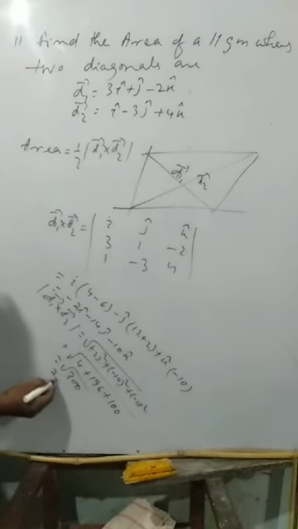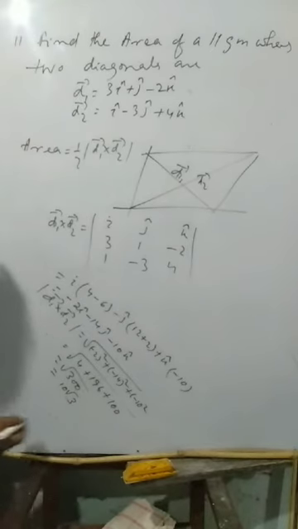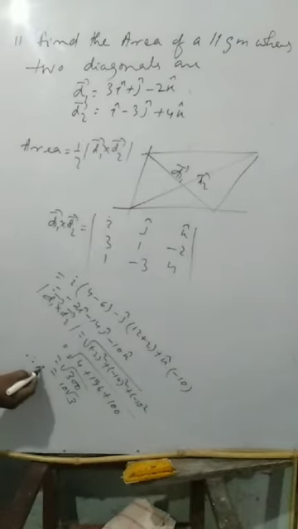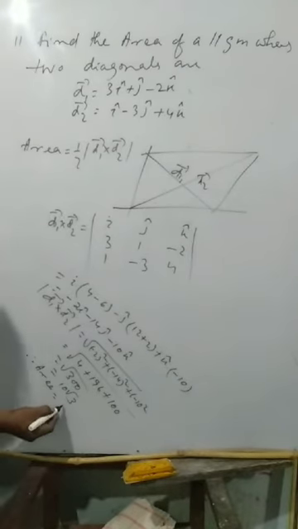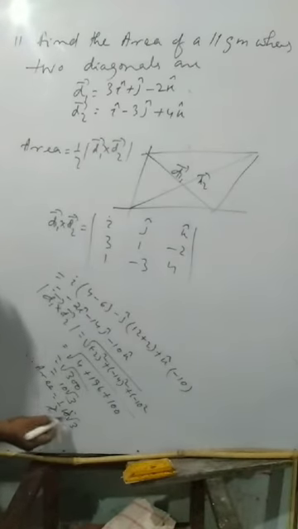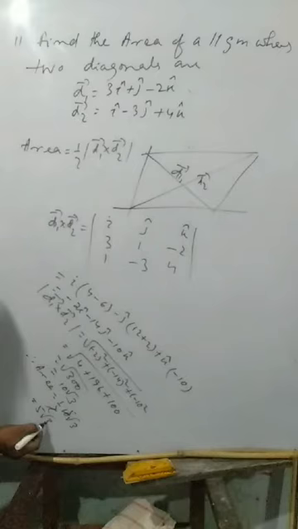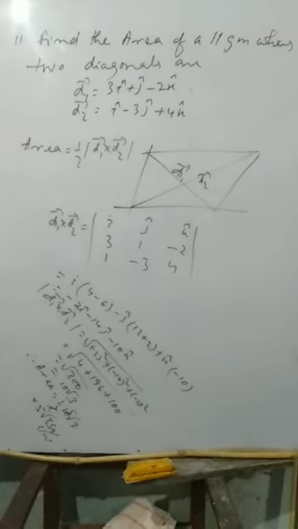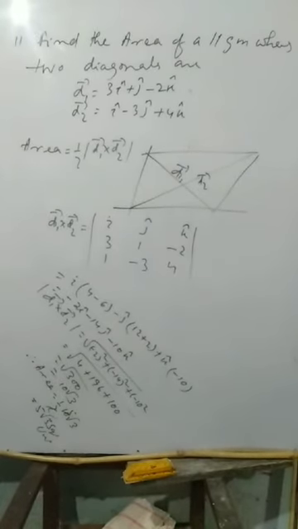Root 300 equal to 10 root 3. Therefore, area equal to half into 10 root 3, that equals 5 root 3 square unit. So this is the area that you can find.